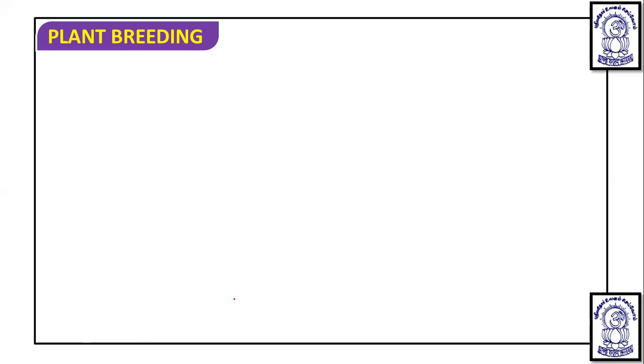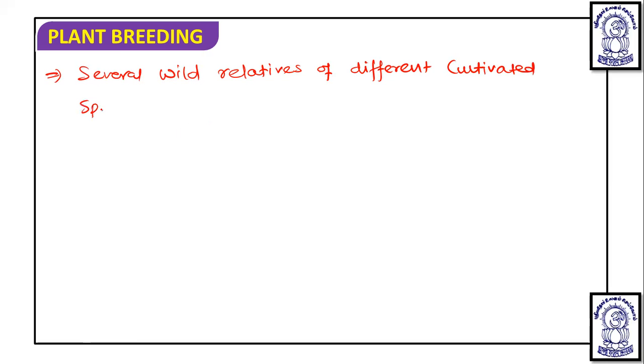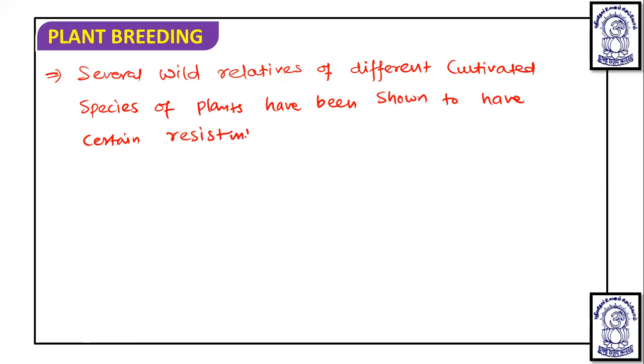Several wild relatives of the different cultivated species of plants have been shown to have a certain resistant character but have very low yield.